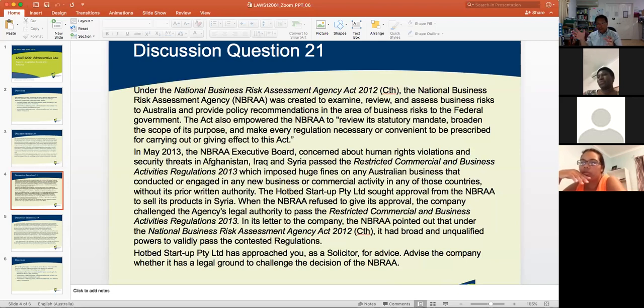So in other words, that enabling provision of the Act, which allows the NBRAA to review its statutory mandate and broaden the scope of its purpose, has to be read and delimited by the statutory purpose, which is all about business risks and providing policy recommendations. So the power by which NBRAA has given itself to impose huge fines as well as to regulate business activity would appear to be beyond the legislative scope and purpose.